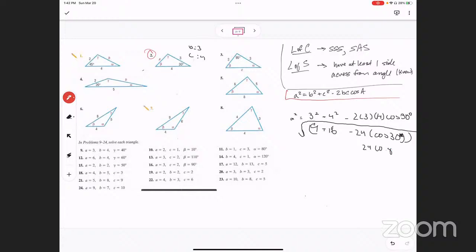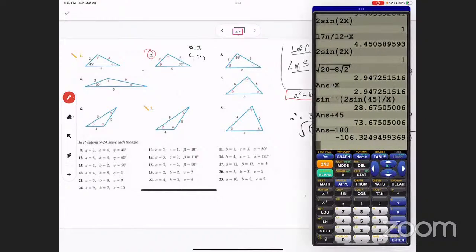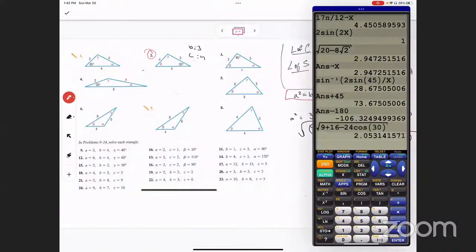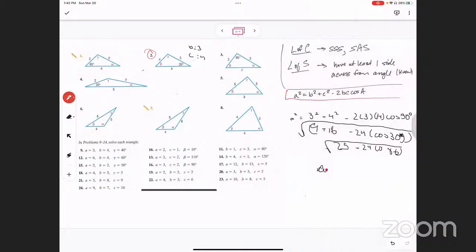You can really just punch the whole thing into your calculator if you want. But I'm using the Google calculator, so as long as you tell me what to write, I'll type it in here. So it was 9 plus 16, minus 24 cosine of 30. Wait, sorry, I need to take the root of this. Okay, so it's 2.05. That's right, 2.05 is a.